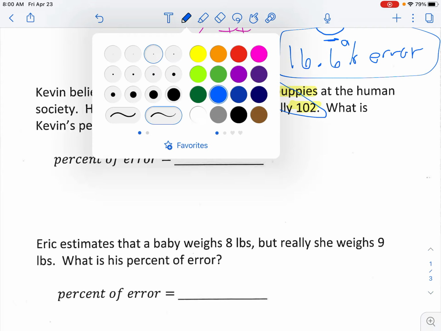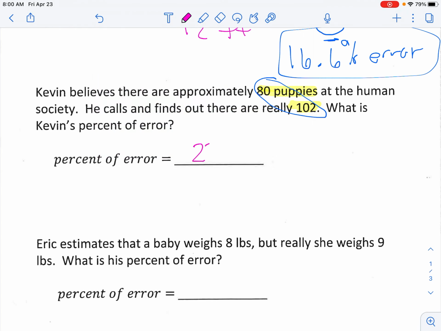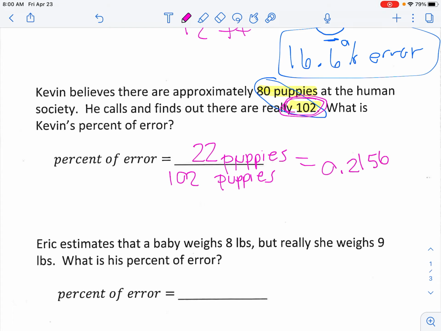So that number goes on the top of the fraction bar. Difference of 22 puppies, and then the actual amount of puppies was 102. So now I'm going to go to my calculator and do 22 divided by 102, and my calculator says 0.2156.